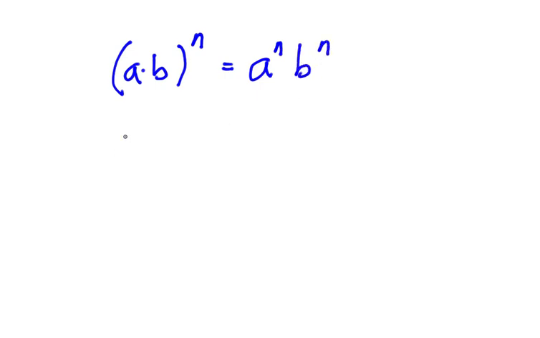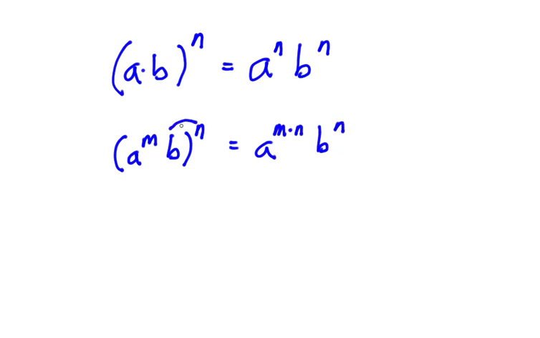And if I go a step further, say I have a to the power of m and just b inside, and then n out here, this will give me a to the power of m times n, b to the power of n. In other words, the n multiplies by the exponents inside, and the b really has an exponent of 1, because we just didn't write it, so the default is 1.